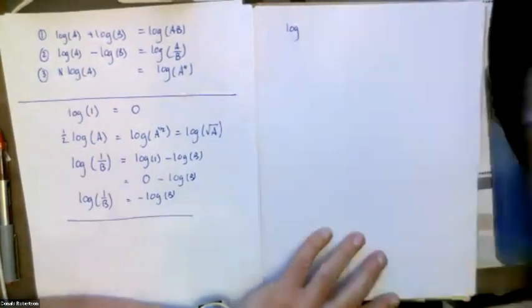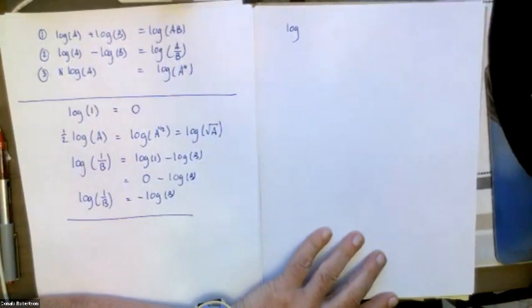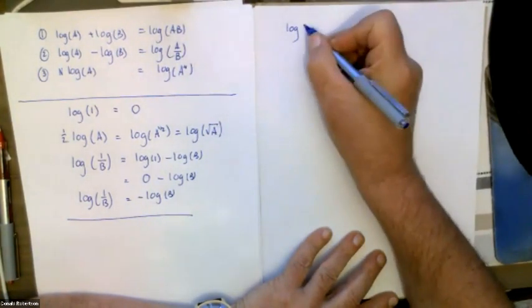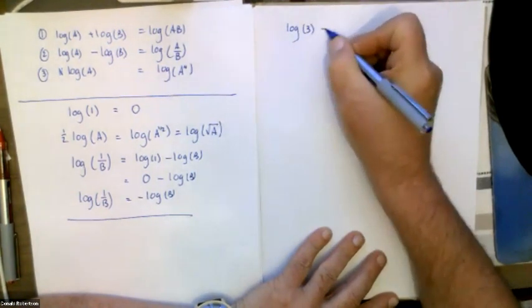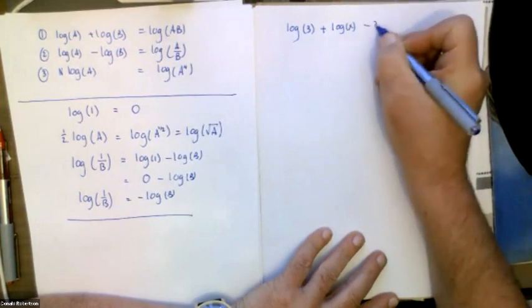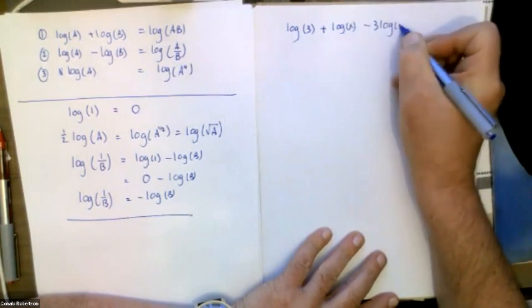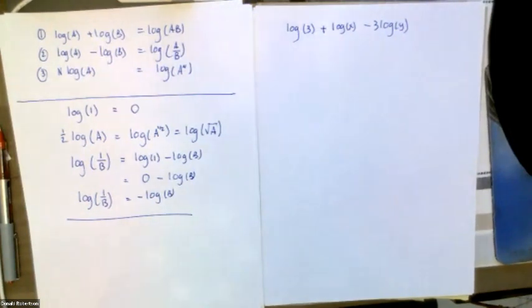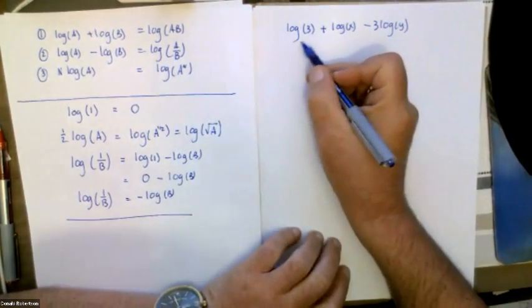So an example of that would be, suppose I said to you, I would like to know what the log of 3 plus the log of x take away 3 times the log of y would look like if you combined it into a single log.